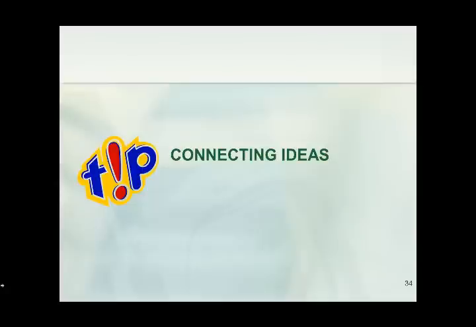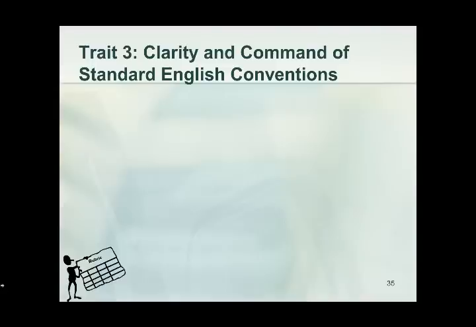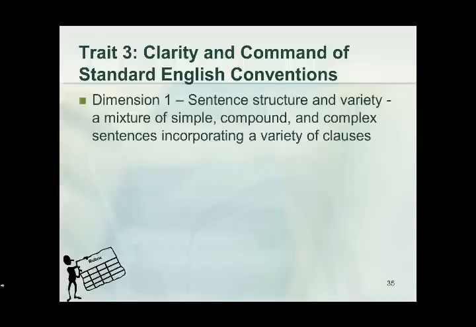So we have one more trait that we need to take a look at, and that comes back to that good old English grammar. They have a little bit more technical term for it, but English grammar. So let's talk a little bit about the dimensions that are included here. And it's not just about, do I have an understanding of commas and capitals and that. It's about sentence structure.